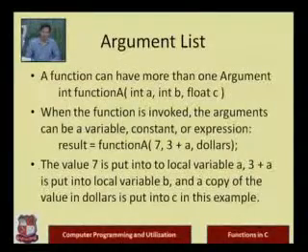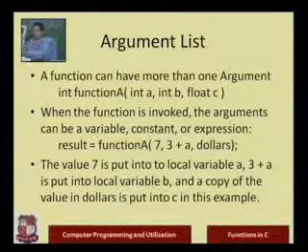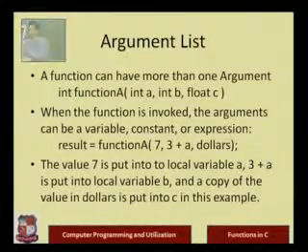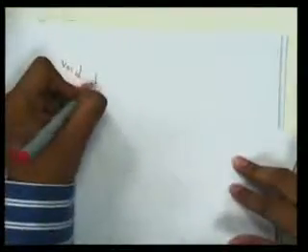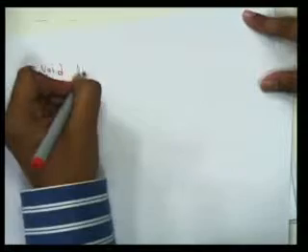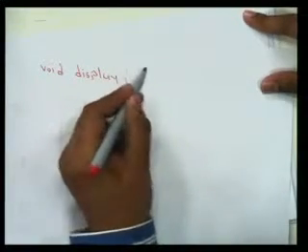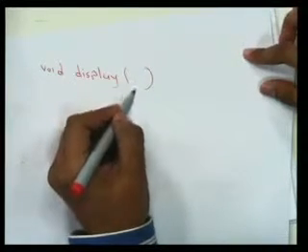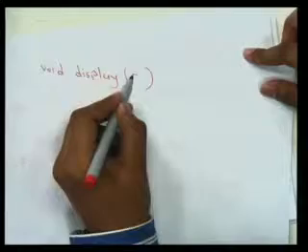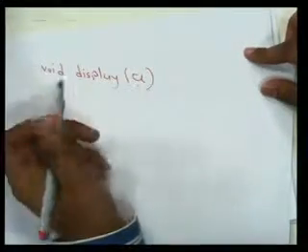Argument list. As I said, within a bracket, these are the 2 braces. Within these 2 braces, I can write the parameters, or in other words, arguments. This is called an argument.